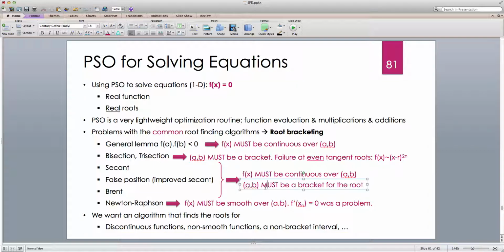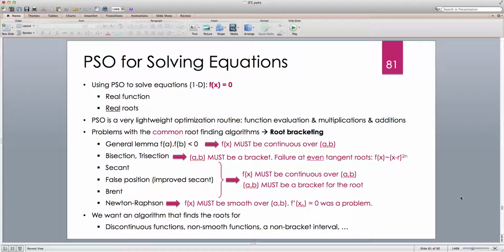So even if the function could be smooth, even if all the derivatives exist, and remember that smoothness requires continuity. If a function is not continuous, it definitely doesn't have a smooth behavior. There are some discontinuity points where the derivative doesn't exist, all right? But even if the derivative exists and the function has a nice behavior, if at some point we hit f prime equals 0, then the Newton method failed, all right?